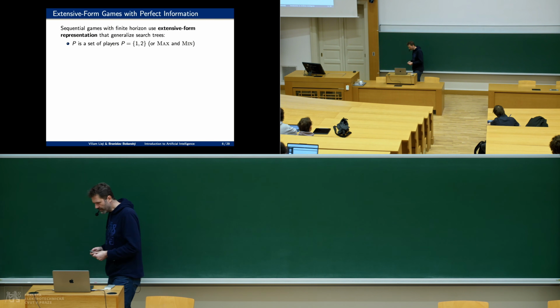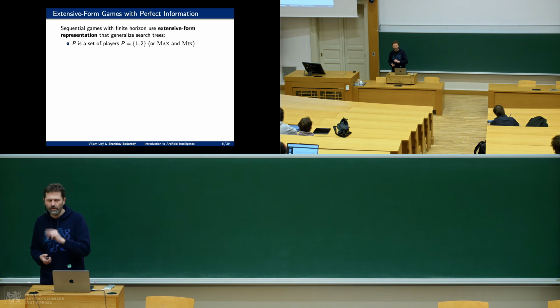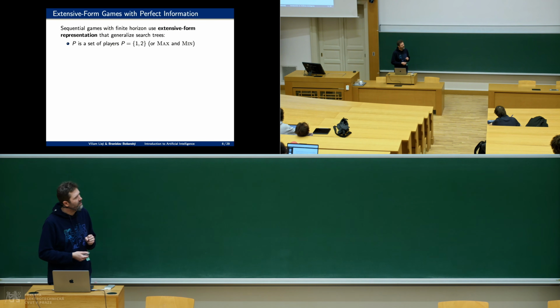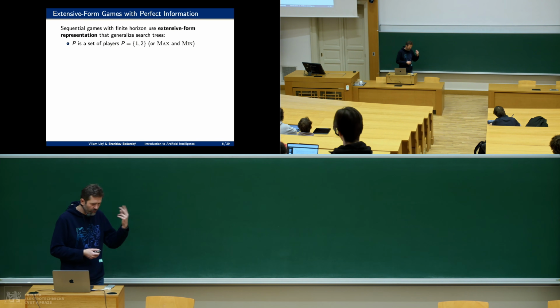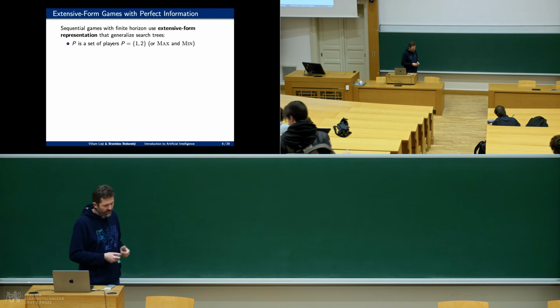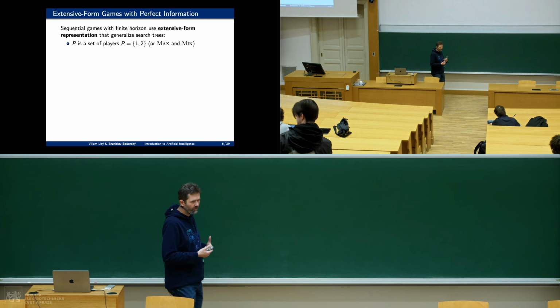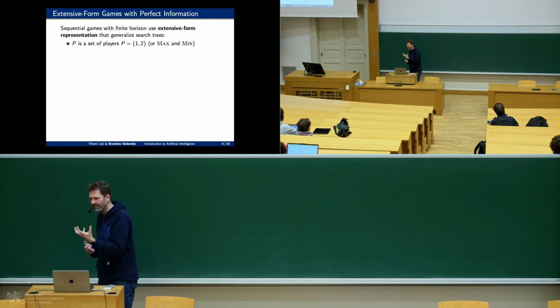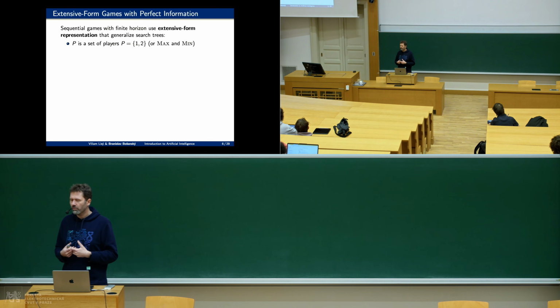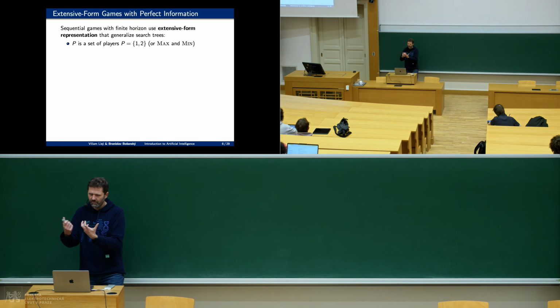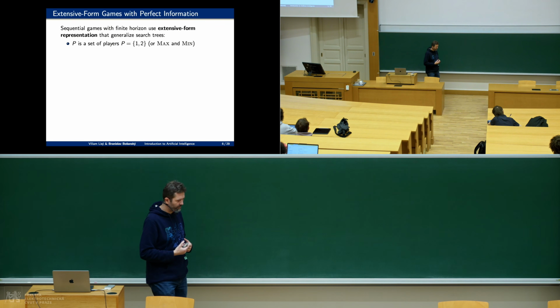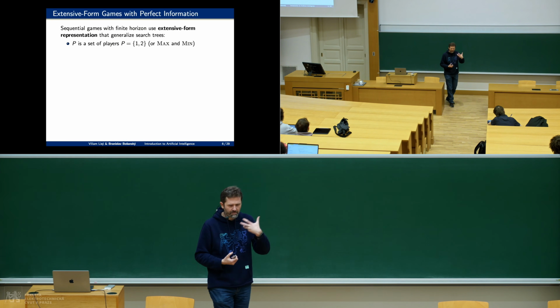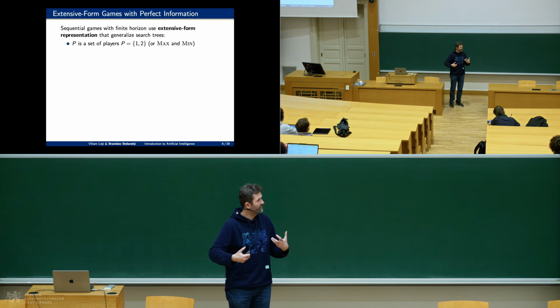So we have a set of players, and as I mentioned, we are going to restrict ourselves to two-player games. So our set of players is going to be 2 players, 1 or 2. Since we are in a zero-sum setting, or strictly competitive setting, we will have just one utility value, or one reward, that one player is going to maximize and the other player is going to minimize, because they are competing over the reward.